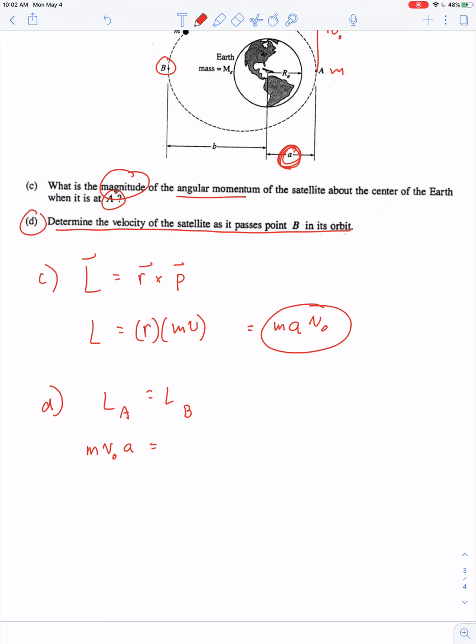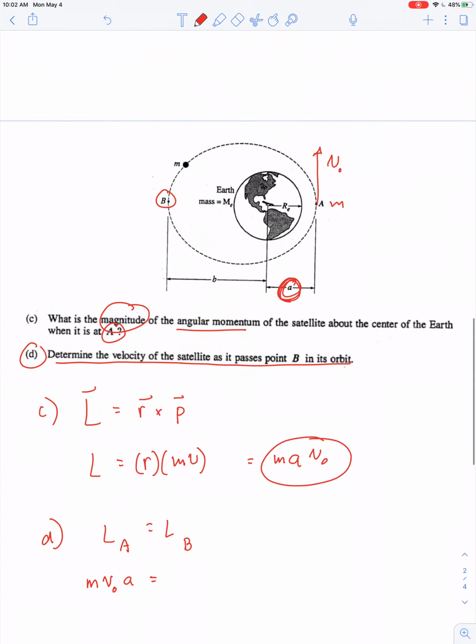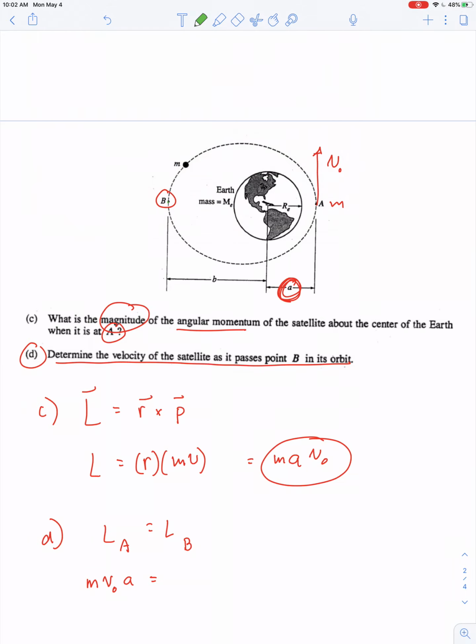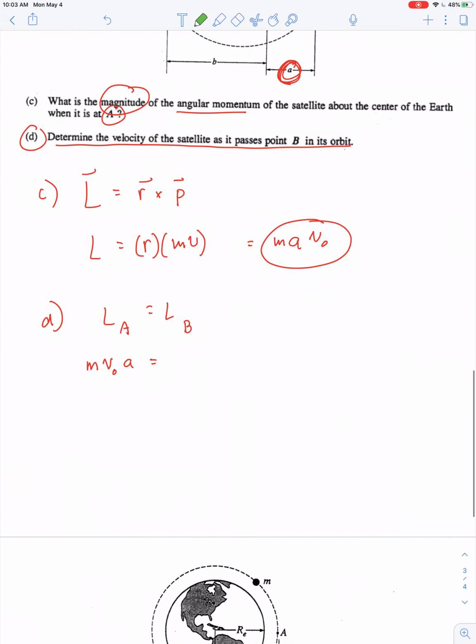And so the angular momentum at position B, if we just write in another velocity vector, we know it's going to be traveling slower here based on the law of equal areas, so we'll just call this v as opposed to v0. So this is m v b, m cancels out, so this velocity v is just a over b times v0. Simple enough.